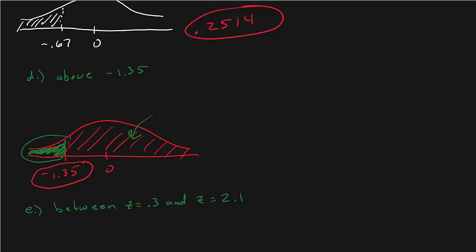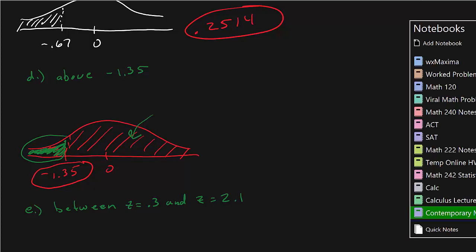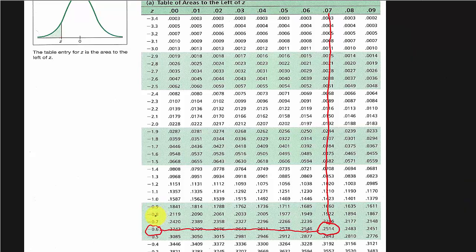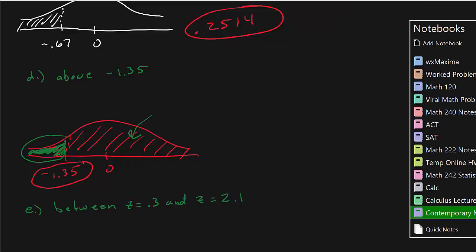Okay. So let's go look up negative 1.35. So negative 1.3, and then we need to be in this column for 0.05. So it's where these two intersect. So that's 0.0885.